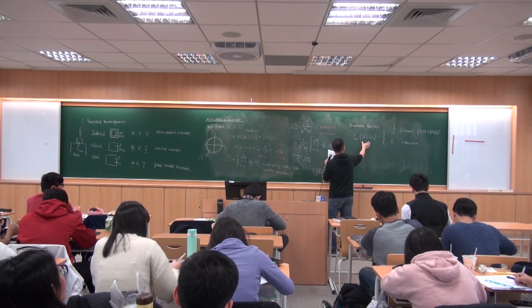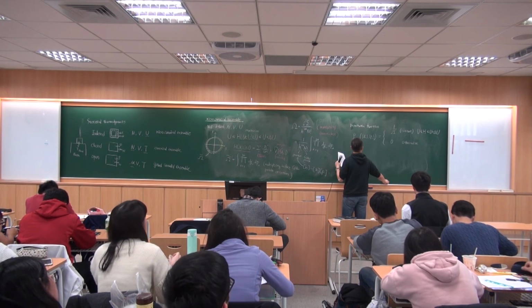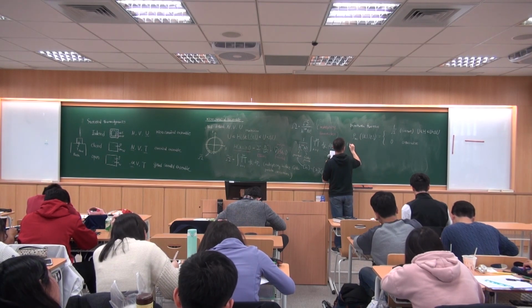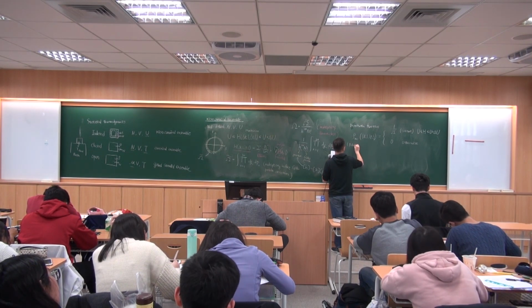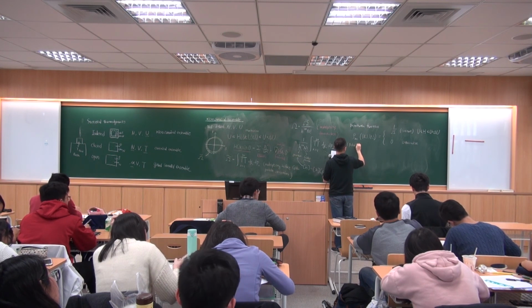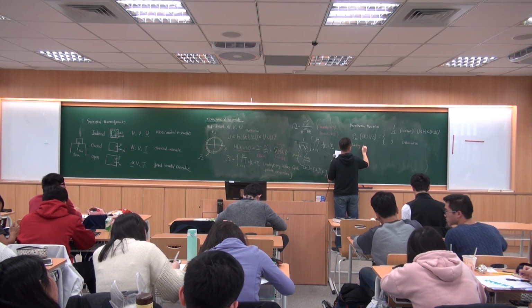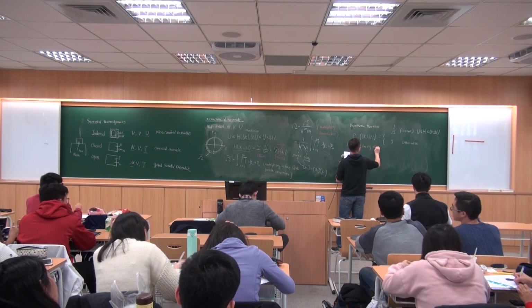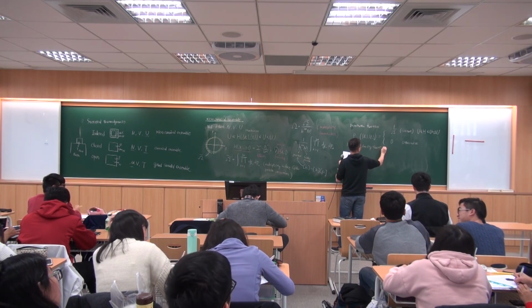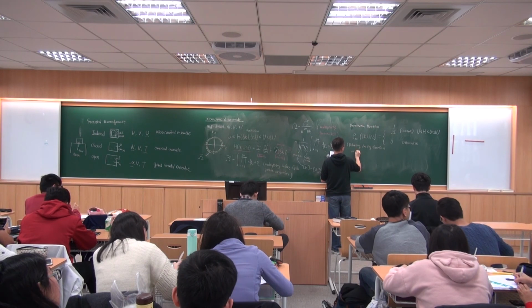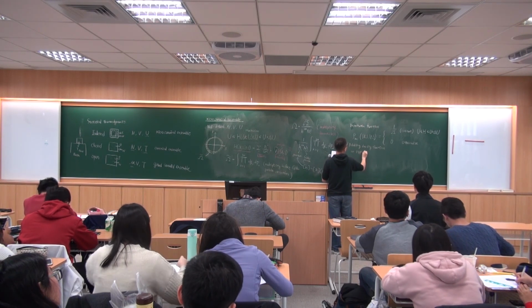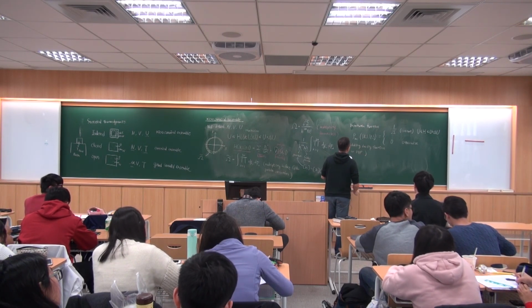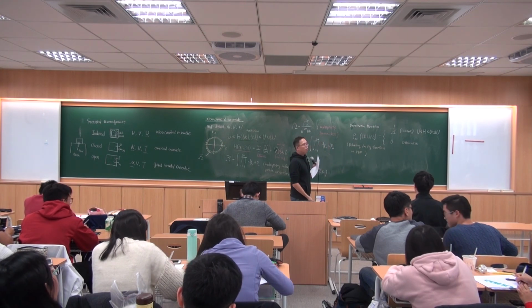So this function is actually called a probability density function, or you can say it is called PDF, for a microcanonical ensemble.